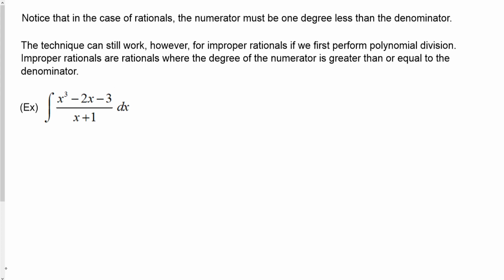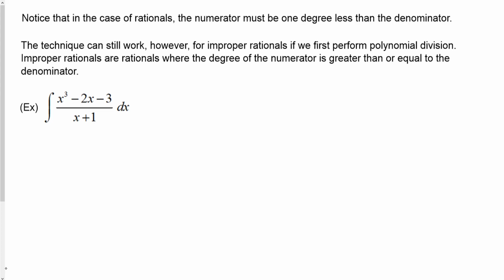Here's an example. So, x cubed minus 2x minus 3 divided by x plus 1. If I look at this, clearly the numerator is not the derivative of the denominator.